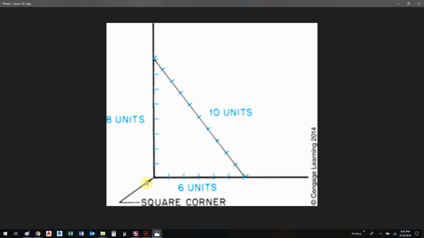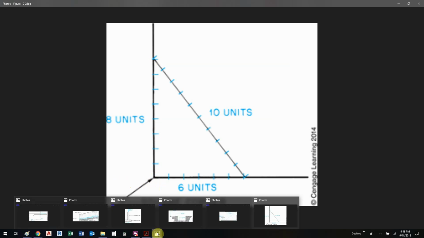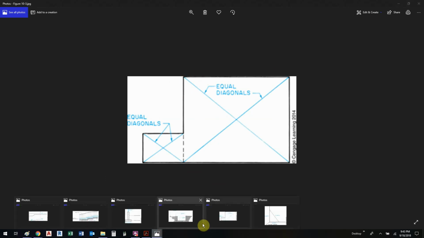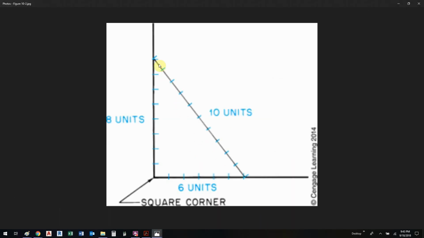So we need to establish the corners of a particular house. Let's say if this house is in this shape here, then we want to establish each one of these corners here. And we can do that very easily by 3-4-5.